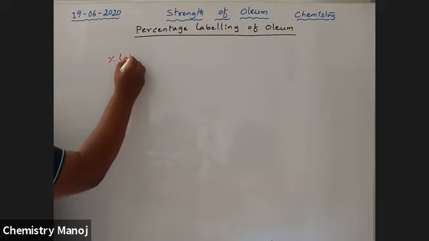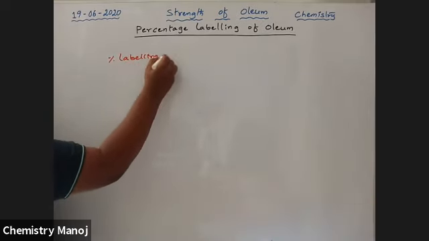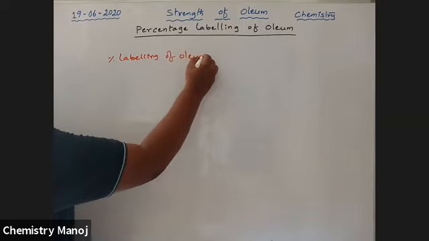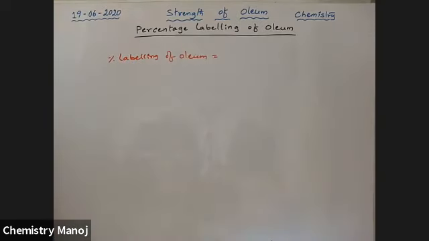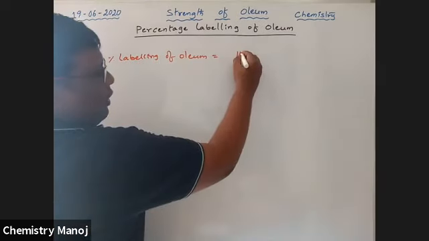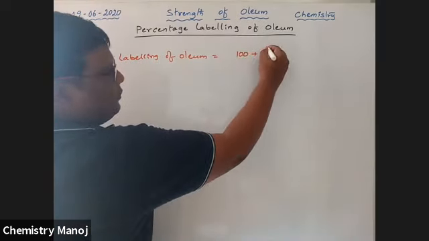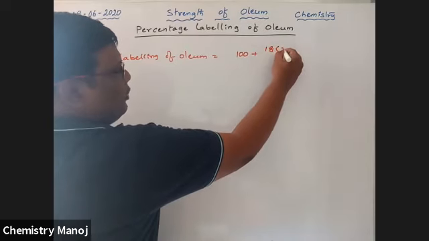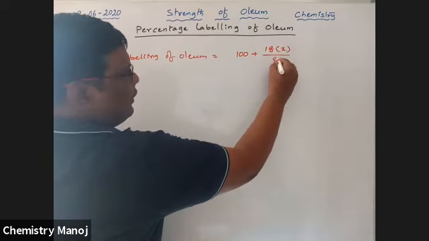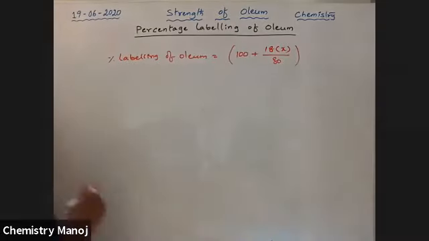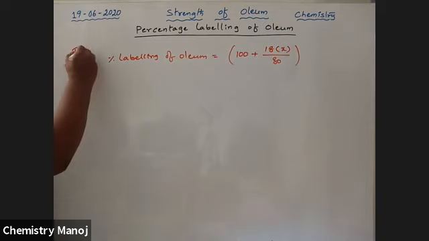Percentage labeling of oleum is equal to 100 plus 18x by 80.